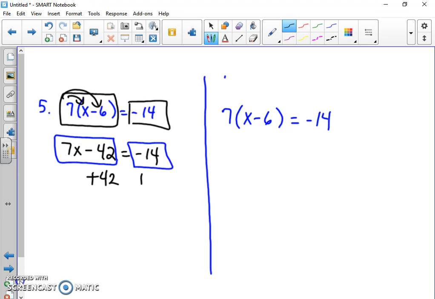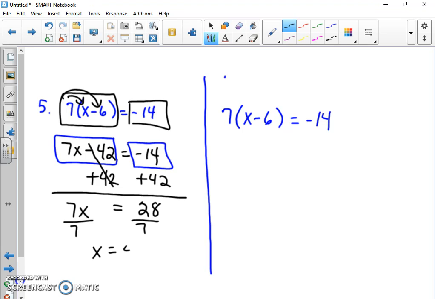So plus 42. So you get 7x, that cancels. Negative 14 plus 42 is 28. Divide both sides by 7. And x equals 4.